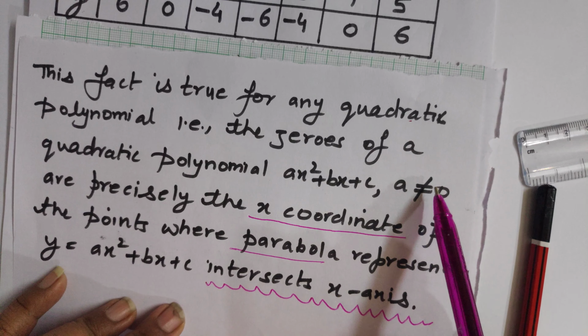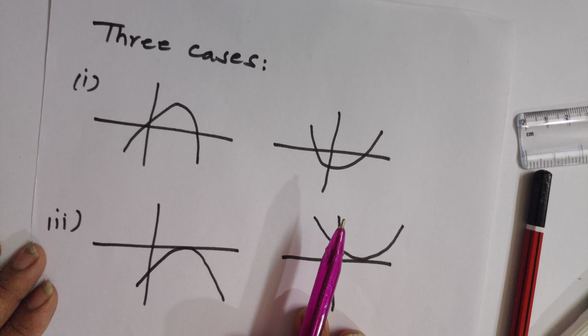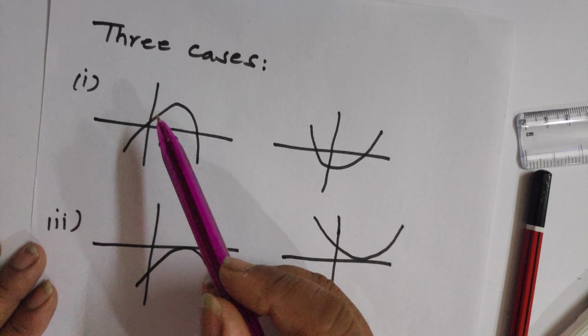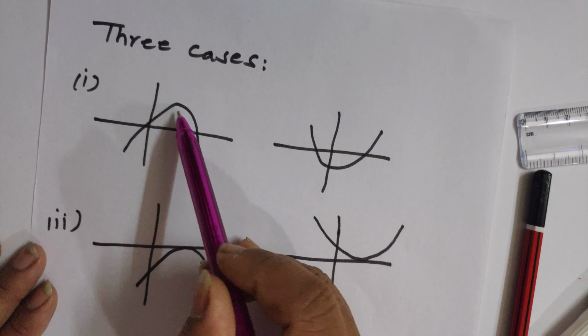Now we will get one more piece of information regarding parabolas. For any quadratic polynomial, we have 3 cases. When we represent a quadratic polynomial on the graph, it is always in the form of a parabola, either in the downward direction or in the upward direction.